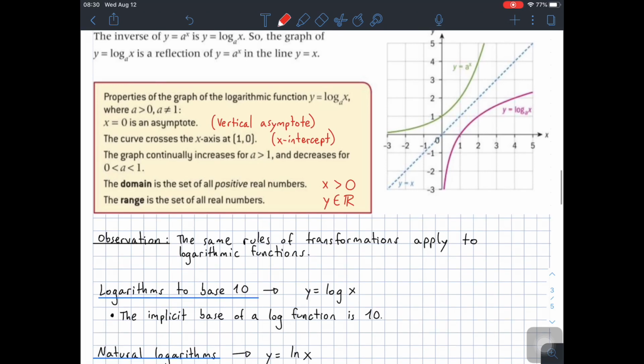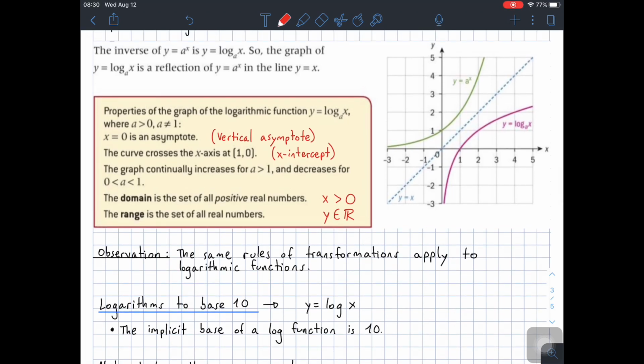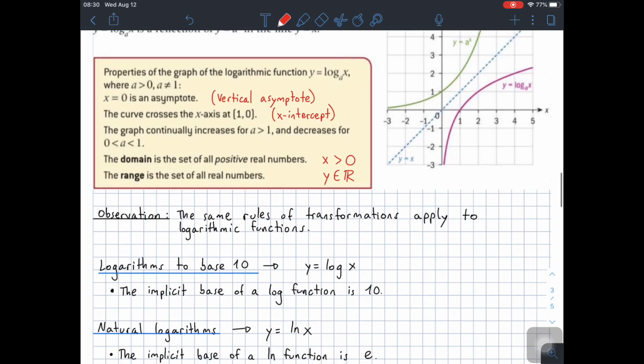Then the domain is the set of all positive real numbers. That was different from the exponential function, where the domain was all real numbers. And then it says the range is the set of all real numbers, while in the exponential function, the range is only the positive y values. Okay? So those are the properties that you should consider for logarithmic functions.